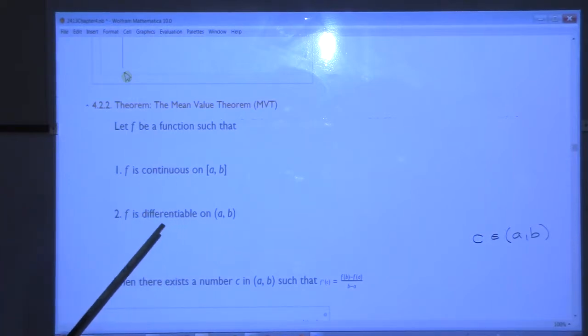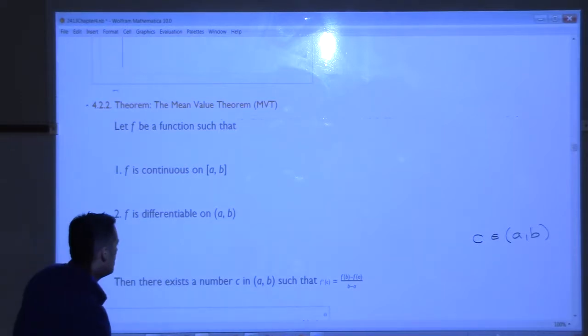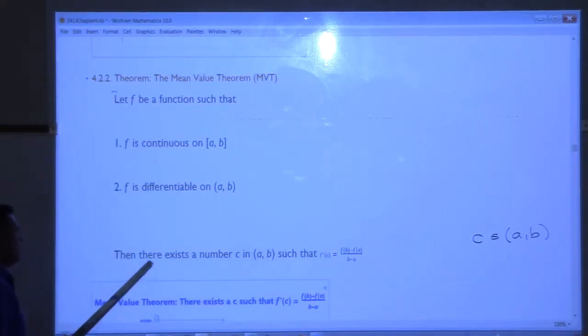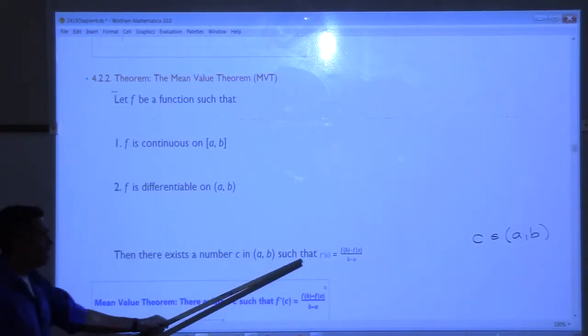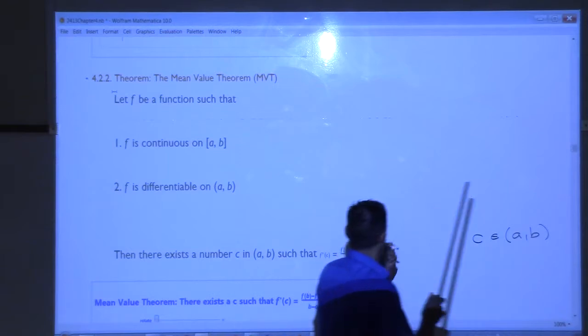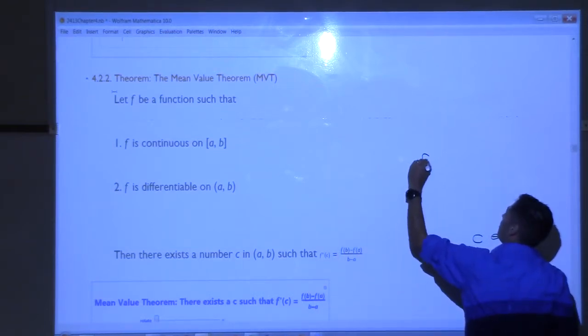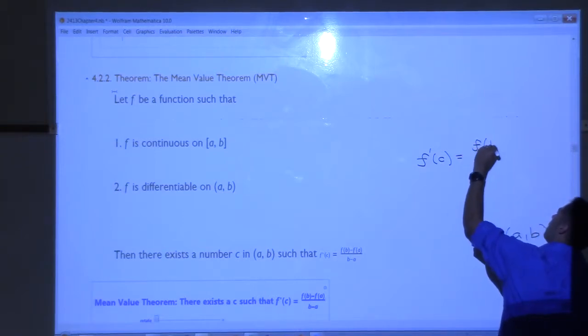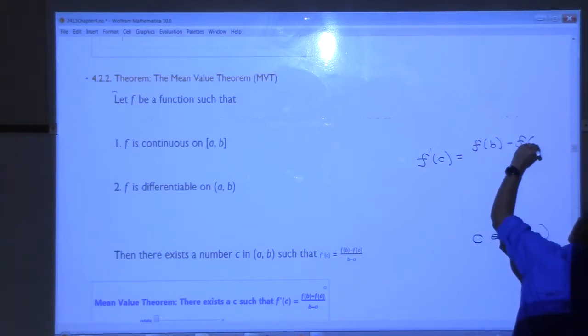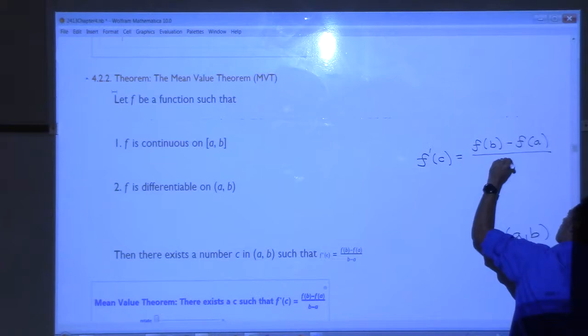Same thing as Rolle's theorem. Then there exists a number C inside A and B such that f prime of C is equal to f of B minus f of A over B minus A.